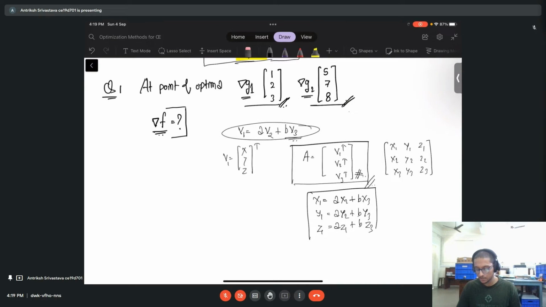What do you think will be the determinant of this particular matrix?